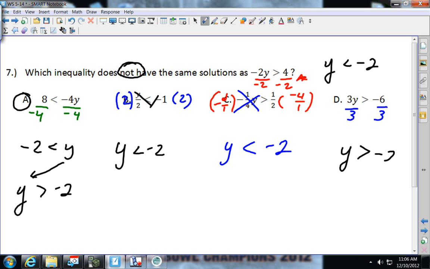Y is greater than -2. This one is also not the right answer, right? It's the right answer, but not the right answer. Do you know what I mean? Because it says, which inequality does not have the same solution? This does not have the same solution. A and D do not have the same solution. A and D, both of them.